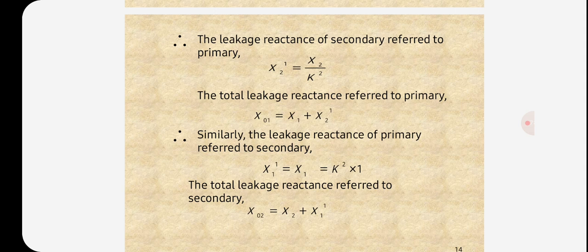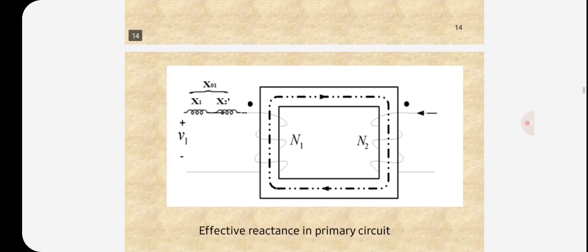Similarly, the leakage reactance of primary referred to secondary, x1 dash, is equal to k square into x1. So the total leakage reactance referred to secondary, x02, is equal to x2 plus x1 dash.